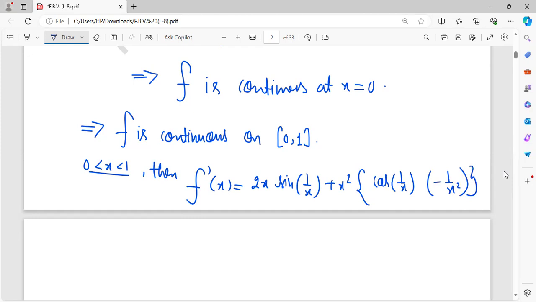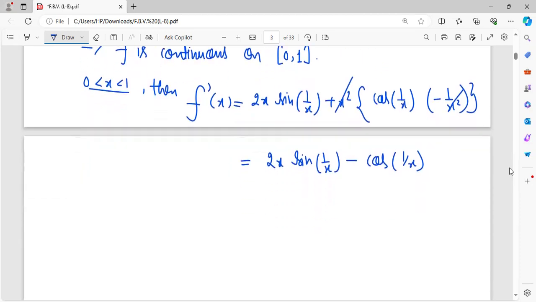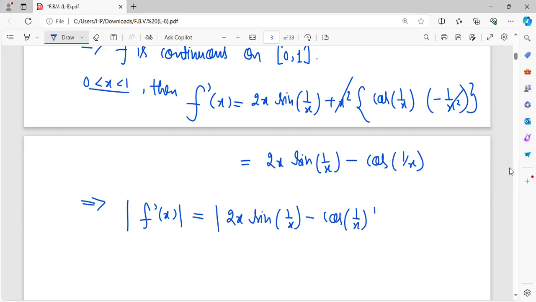After solving it, what you will get? 2x sine 1 upon x, and that x square will be cancelled out, minus cos 1 upon x. So this implies f dash x is equal to 2x sine 1 upon x minus cos 1 upon x.